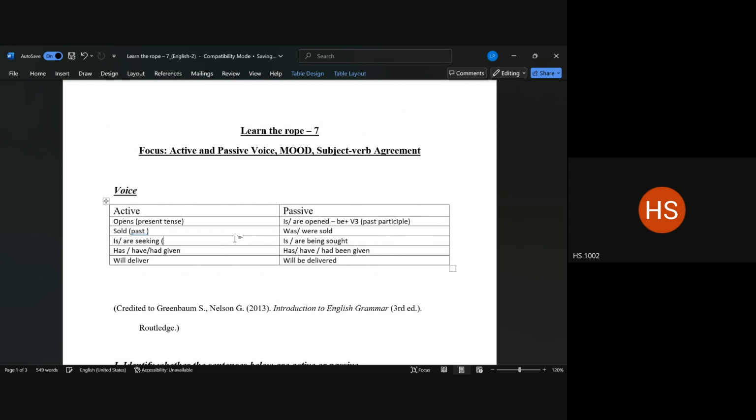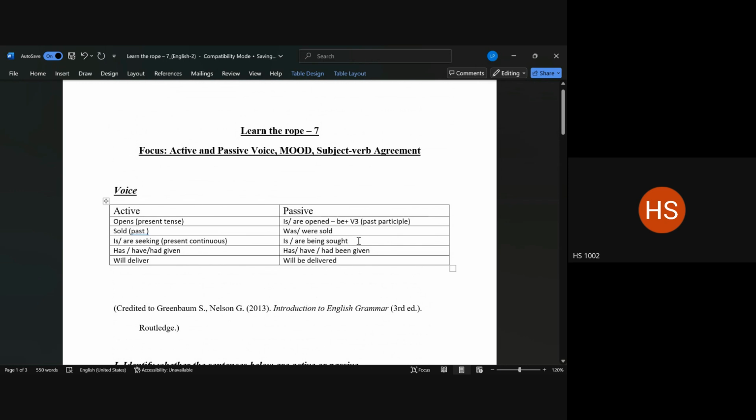What form of tense is this? Is are seeking? This is present continuous, right? Present continuous. What happens in the passive morphology is you have an addition, being, right? So is are, be is changed to is are being sought. Sought is again what?